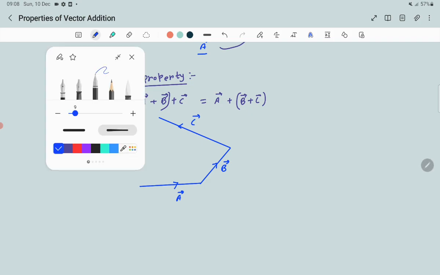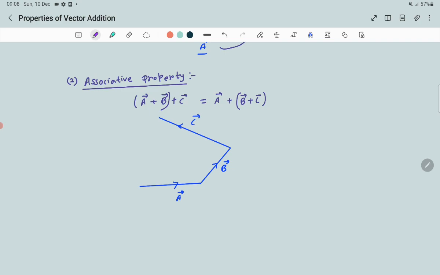If you want to add a plus b, the resultant vector will be this, by using the triangle law again. So this is your a plus b. Now if you want to add c, first a plus b then c, your resultant will be this. So this is your a plus b plus c.